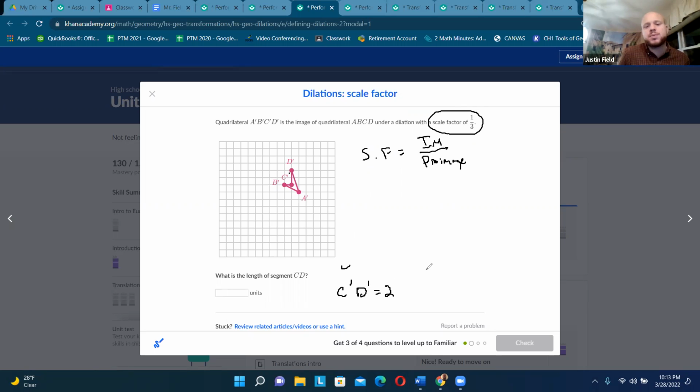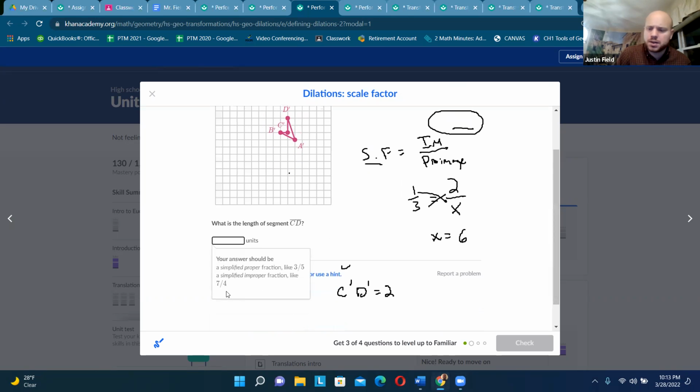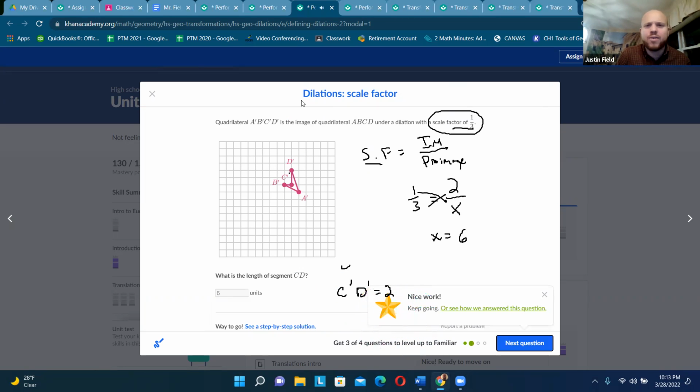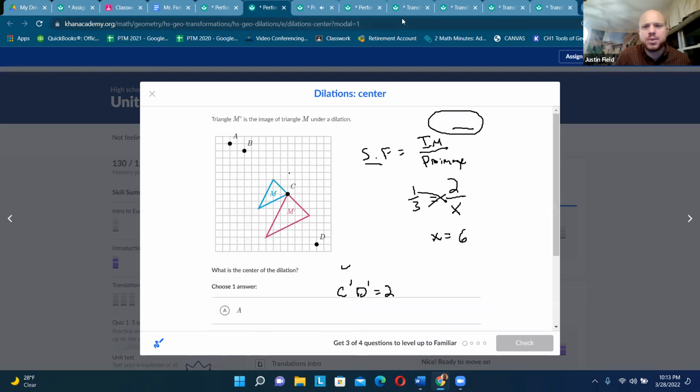That's the image. So the image is 2. Pre-image, we don't know. We know the scale factor is 1/3, right? Cross multiply, x equals 6. That was easy. Use that formula, you'll get it every time.